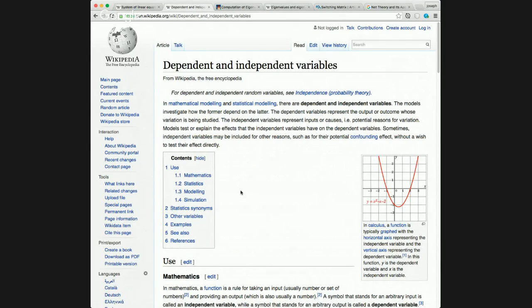In mathematics, when you're solving equations, fundamentally, you have these two types of groups of variables. In switching theory, you may be able to represent some of your problems with mathematics that have these components, but in switching theory, the concepts of dependent and independent variables are either not used at all, or used in different ways.